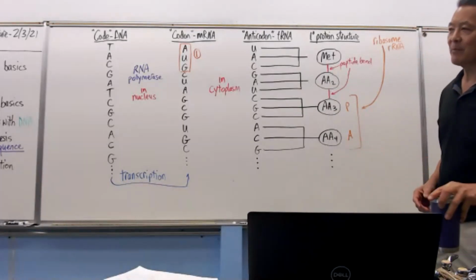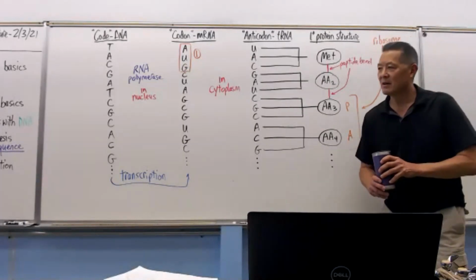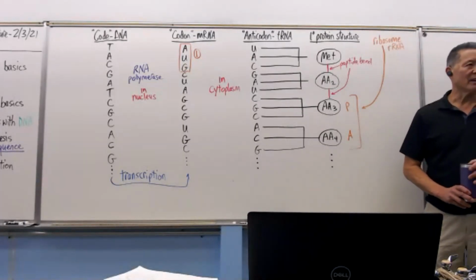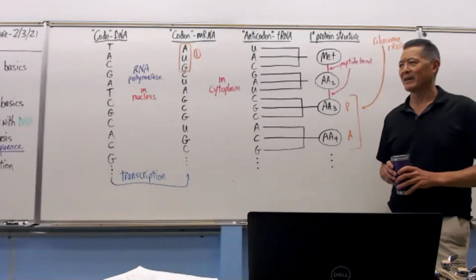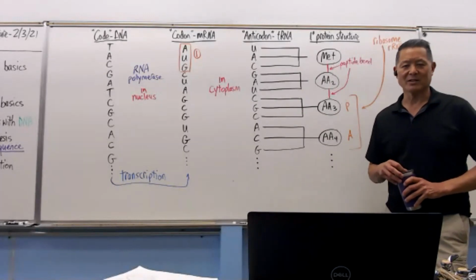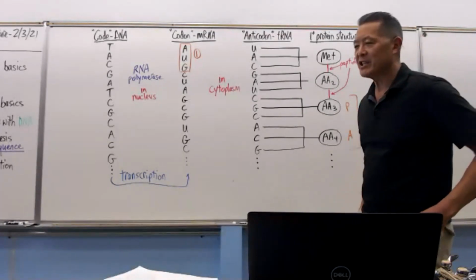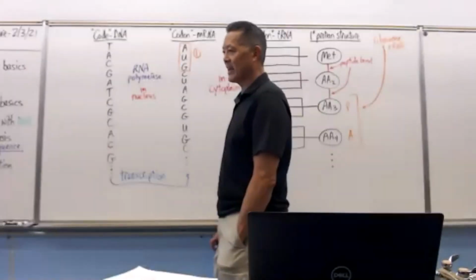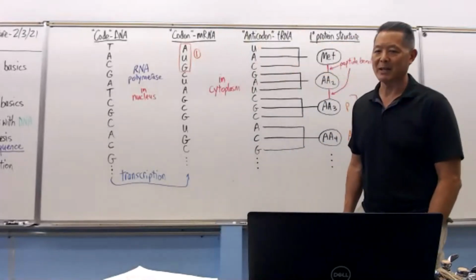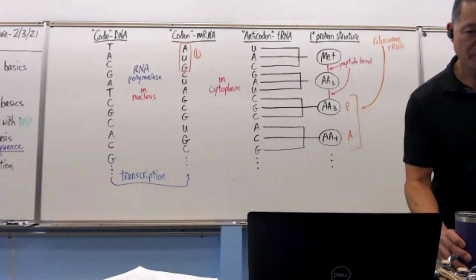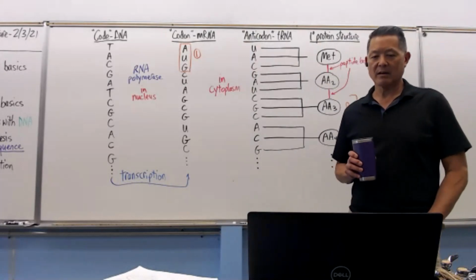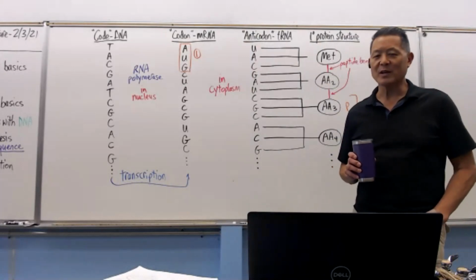All right, let's round up the beta chain of hemoglobin to 300. It's like 278, something like that. But 300 amino acids. How many ATPs does it take to make a 300 amino acid beta chain? 900.